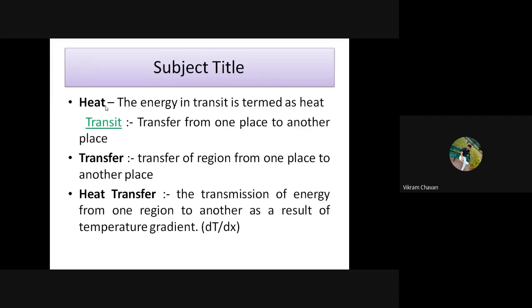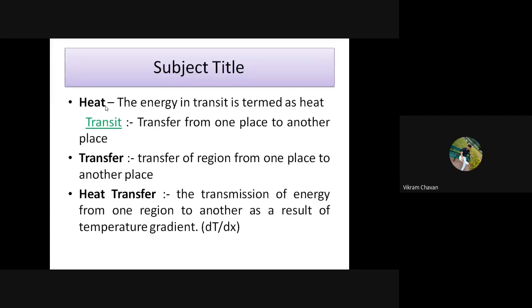Then, what is meant by transfer? Transfer means the movement of things or material from one region to another region, from one place to another place.